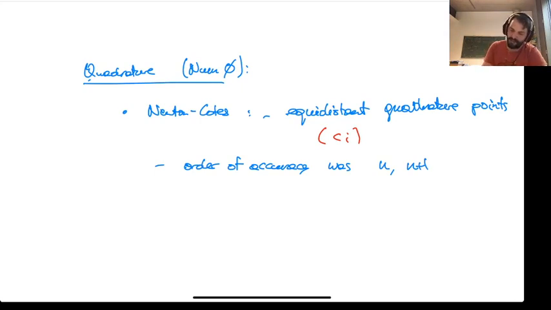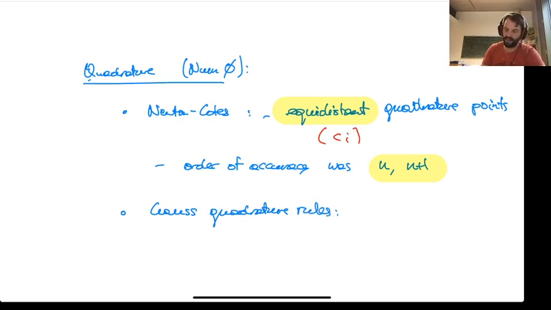The constricting factor was that we had chosen equidistant quadrature points, and then we were stuck with this n or n plus 1 order of accuracy. We got around this by going to Gauss quadrature rules. There we asked the question how to choose the quadrature points optimally.